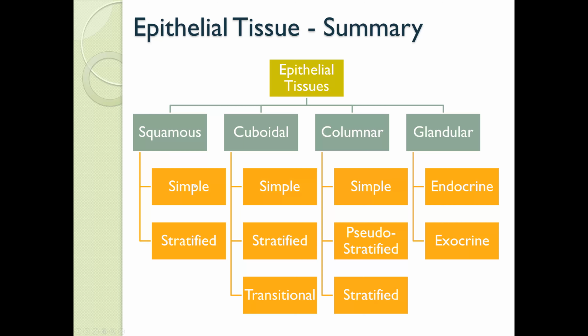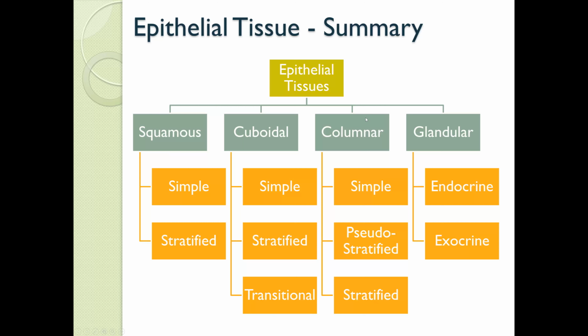Simple is one layer, stratified is multiple layers. Cuboidal epithelial tissues are in a cube or square shape. You have simple, which is one layer, stratified, which is multiple layers, but this is very rare. And then you have that transitional epithelium, which looks cuboidal when it's relaxed, but looks squamous when it's stretched.